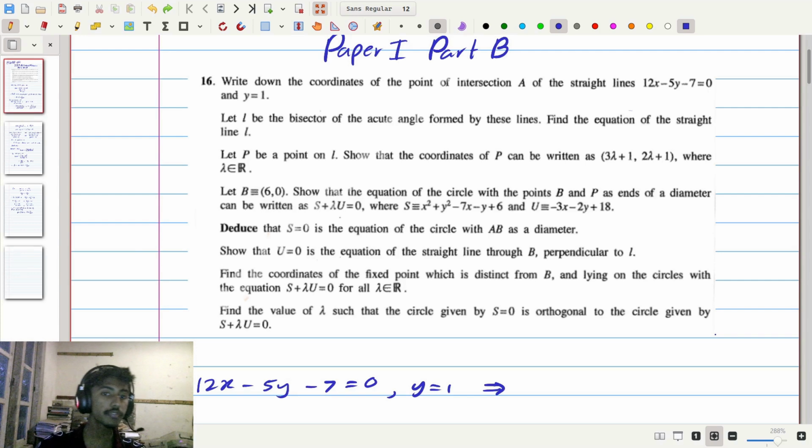Now, to start off with this question, let's try to find the circle with the equation such that B and P are both ends of a diameter of that circle.